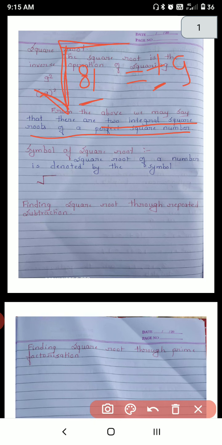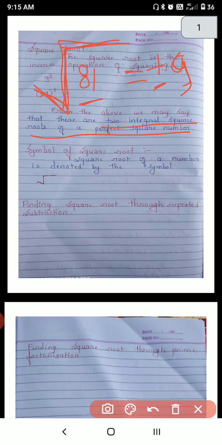Why? Because it can be the square of plus 9 or the square of minus 9. I explained how we multiply 9 into 9, we get 81, and when we multiply minus 9 into minus 9, again we get 81. So when we find the square root of 81, we will write plus, minus 9. But in this chapter we are going to study only positive numbers, not negative numbers.